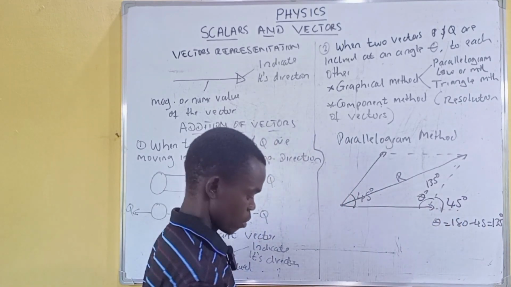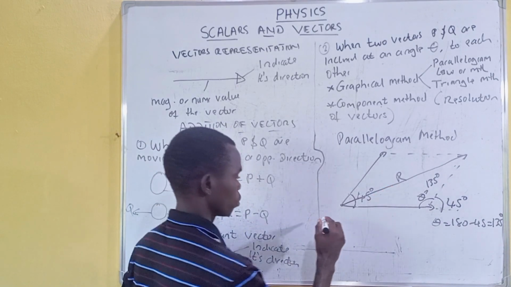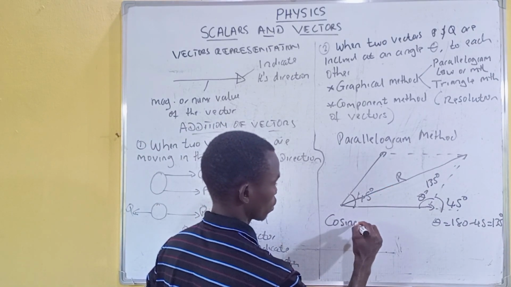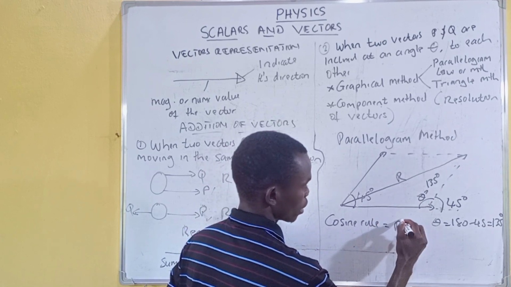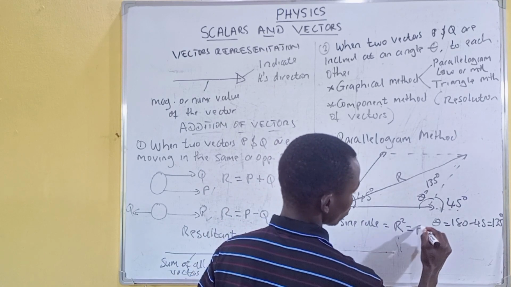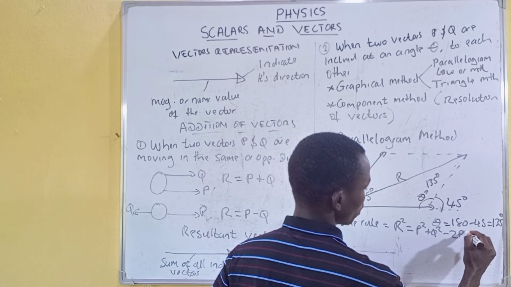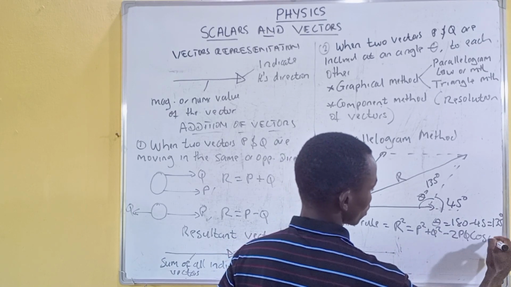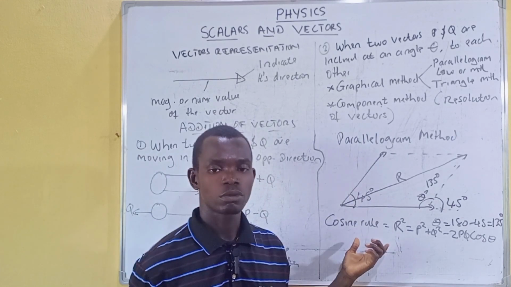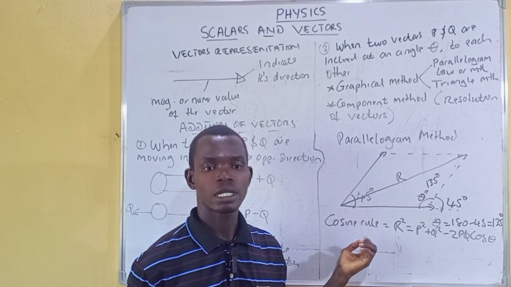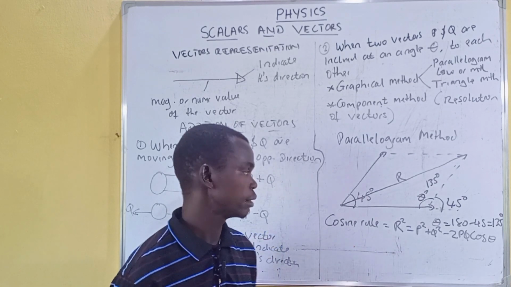From here, we can find our resultant vector using the cosine rule. We say that the resultant squared is equal to P squared plus Q squared minus 2 times P times Q cos theta. And this cosine rule is particularly useful for solving oblique triangles where the angle is less than or greater than 90 degrees.